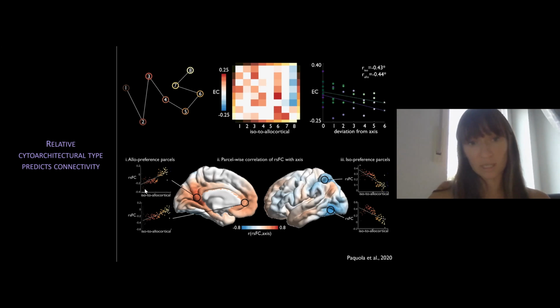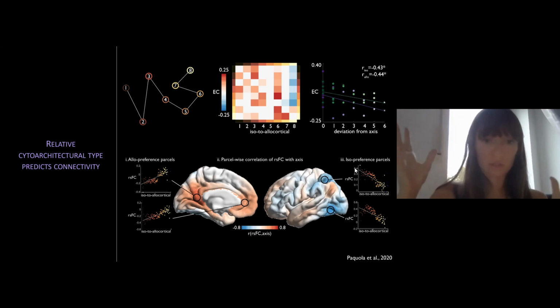The red regions, for example, have stronger connectivity to the allocortex, towards the hippocampus, whereas these blue regions have stronger functional connectivity to these more isocortical regions. So it seems that within the mesotemporal lobe, we already know there's a lot of evidence about this anterior-posterior axis that is related to the functional connectivity to the rest of the brain.